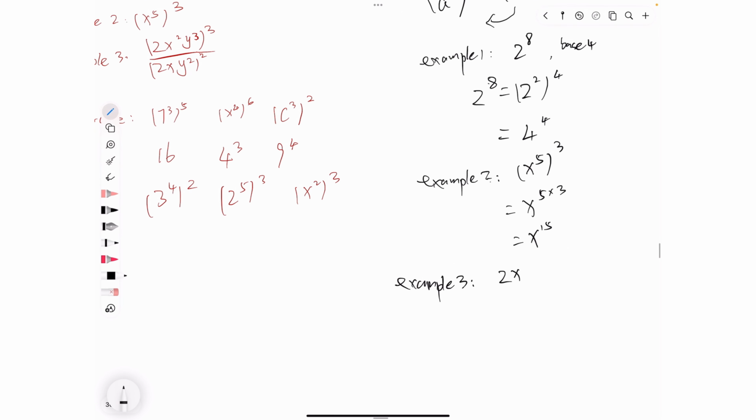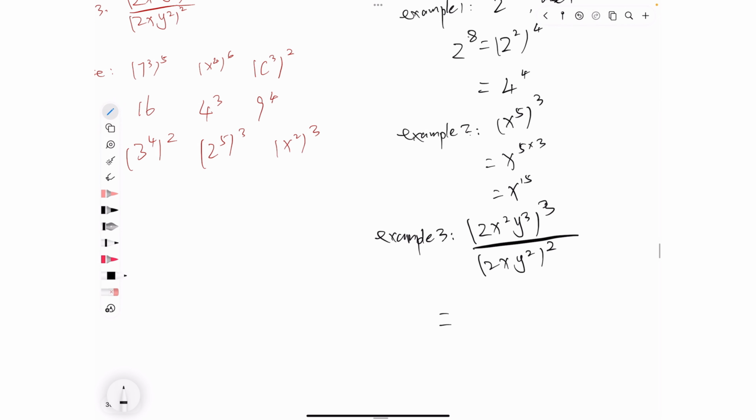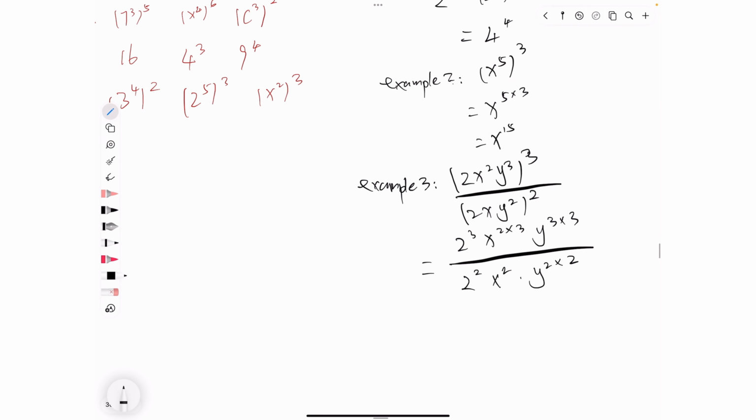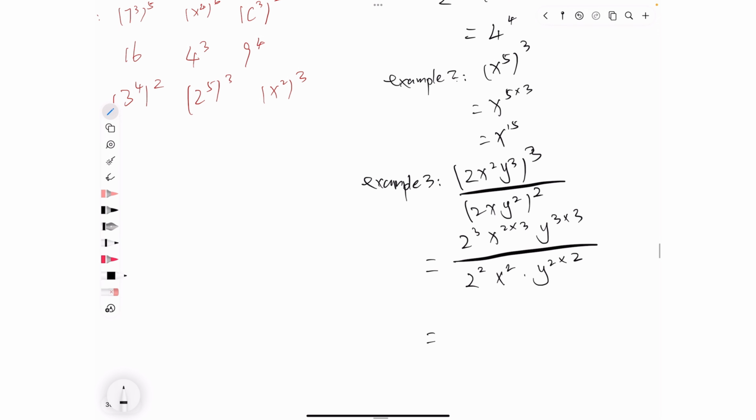We have 2x squared y cubed to the 3 divided by 2xy squared. So we have 2 to the 3 on the top, x to the 2 times 3, y to the 3 times 3. On the bottom, we have 2 squared, x to the 2, y to the 2 times 2. Then we have 2 on the top.